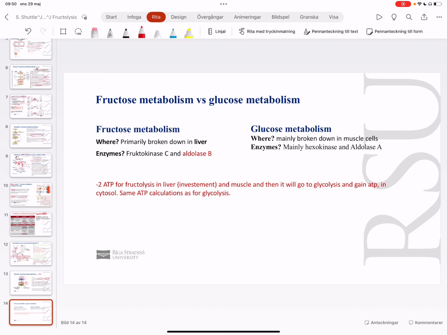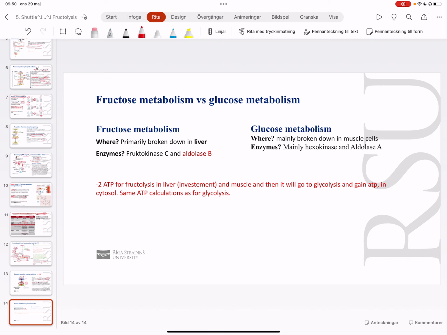So fructose metabolism versus glucose metabolism. Fructose metabolism will occur primarily in the liver by enzymes fructokinase C and aldolase B, whilst glucose metabolism will mainly occur in muscle cells, and the enzymes are mainly hexokinase and aldolase A. For ATP calculations, what you have to know is that it's going to be the same.